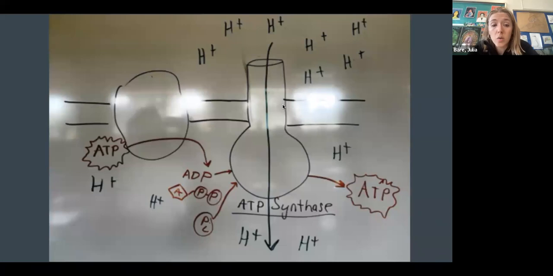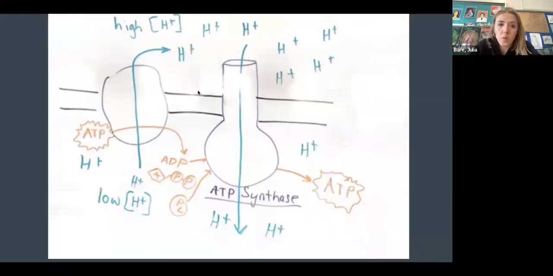Well, in order to do that, we are going to use a molecule called a proton pump. So over on the left-hand side, the purple molecule that I've drawn is a proton pump. And this proton pump is going to take protons and pump them through the cell membrane to the other side using ATP.